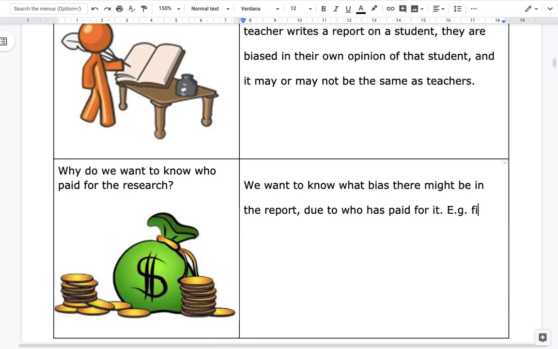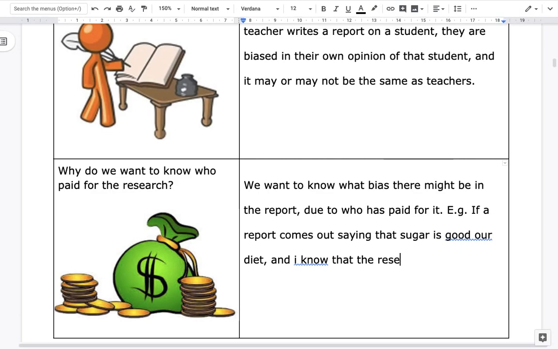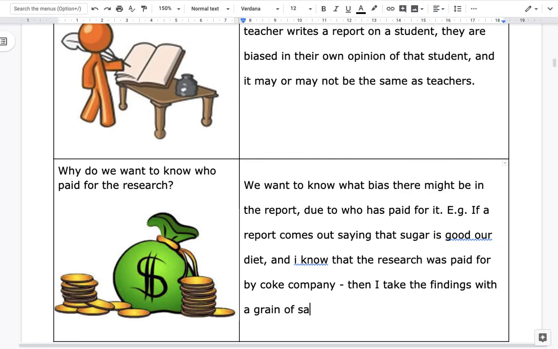Okay, so for example, if a report comes out saying that sugar is good for our diet, and I know that the research was paid for by the Coke company, then I take the findings with a grain of salt.